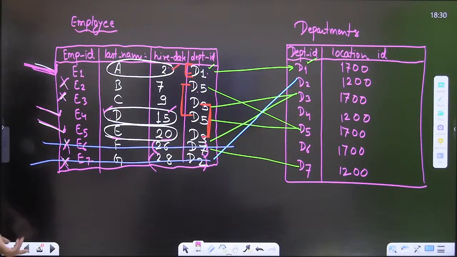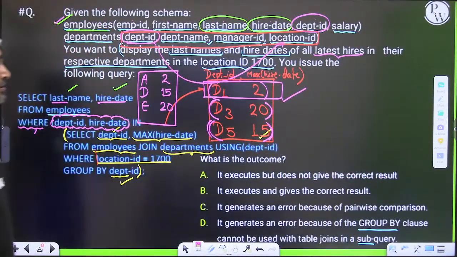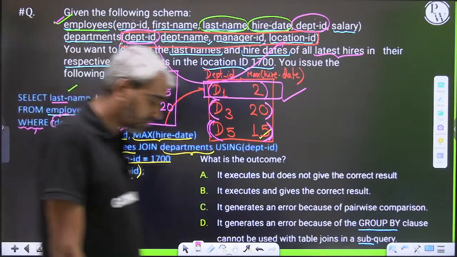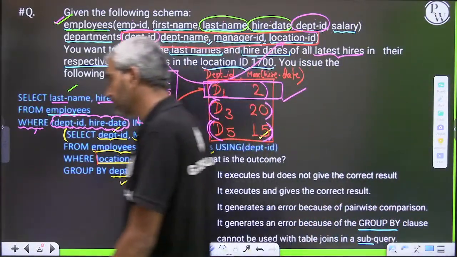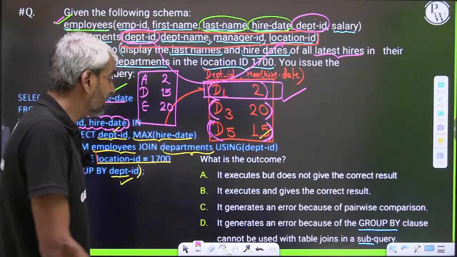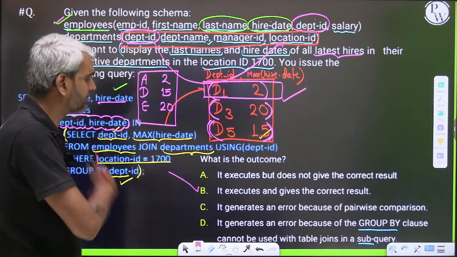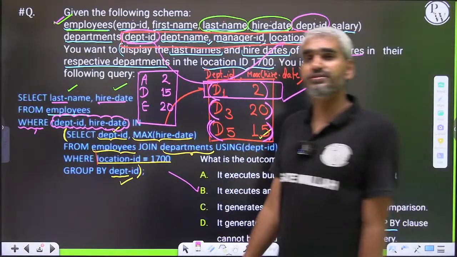Therefore, your query produces the last name and hire date of the latest hires from each department of location 1700. So yes, it executes and returns the correct result.